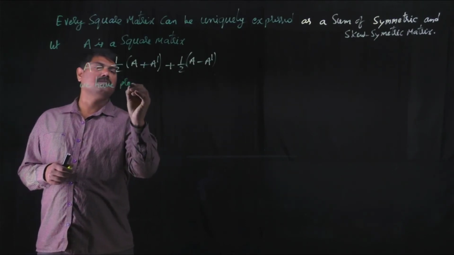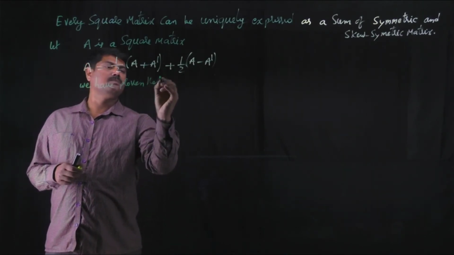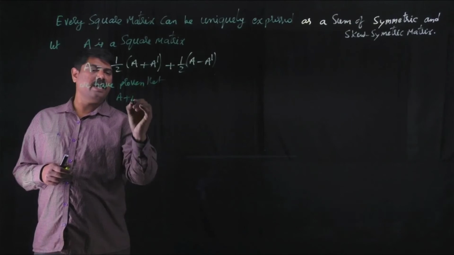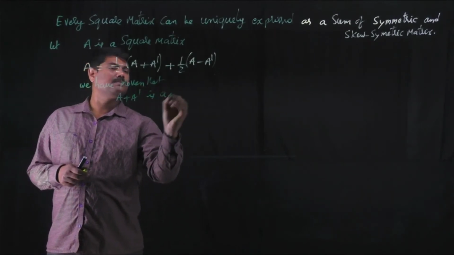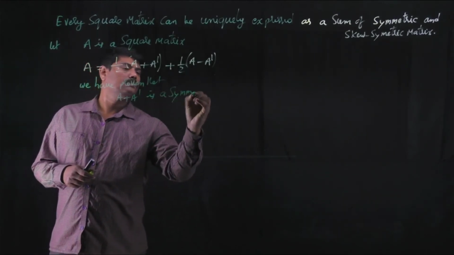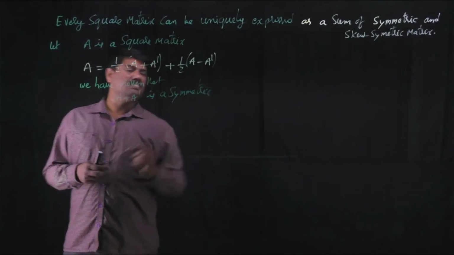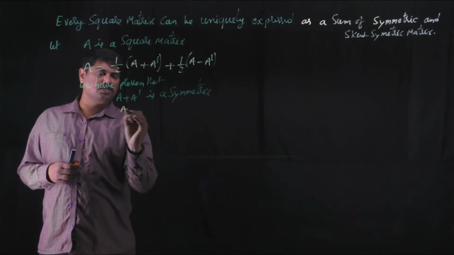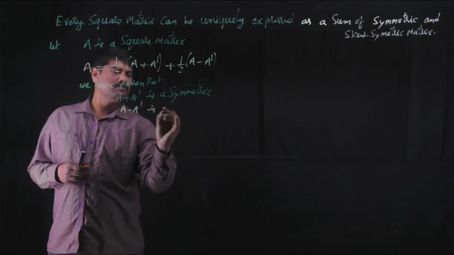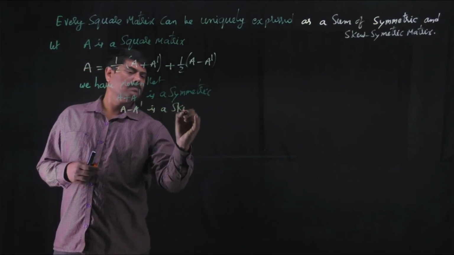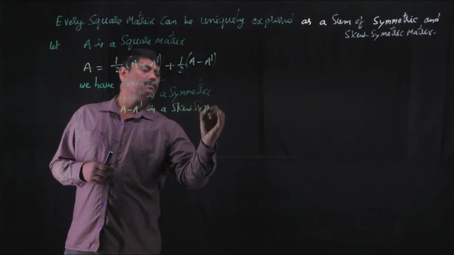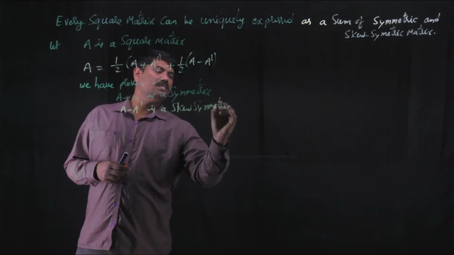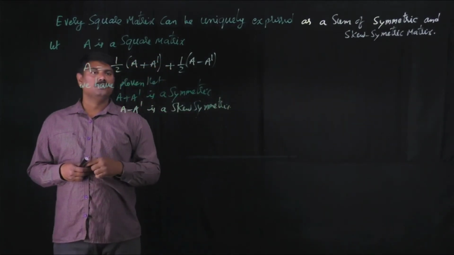We have already proven earlier that A plus A dash is a symmetric matrix, and A minus A dash is a skew symmetric matrix. So we are using that.